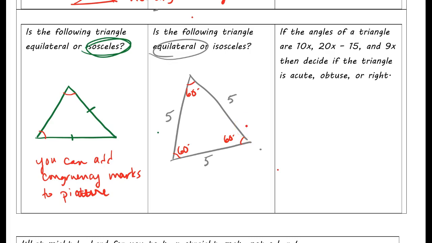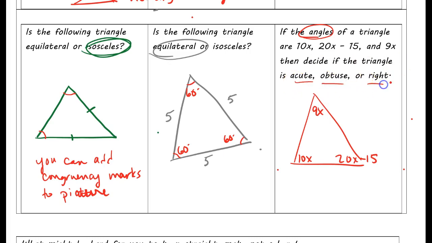Okay? All right, cool. Now, if the angles of a triangle are 10x, 20x minus 15, and 9x, decide if the triangle is acute, obtuse, or right.